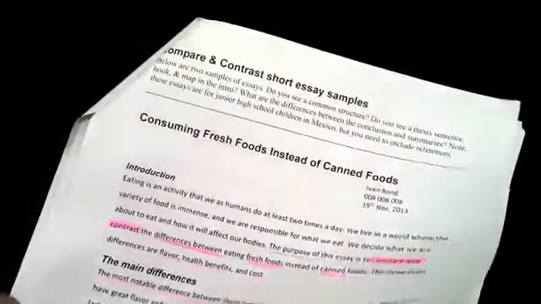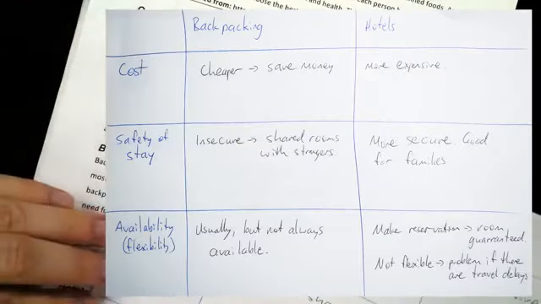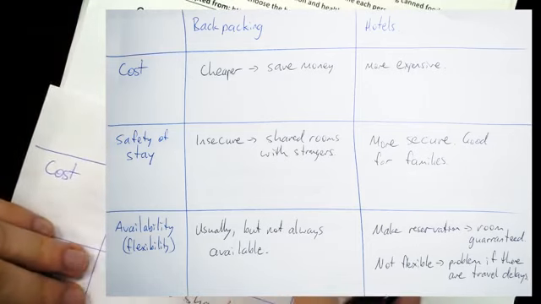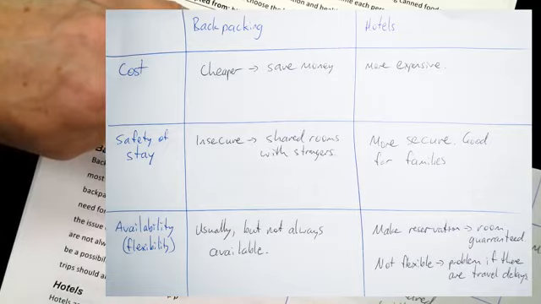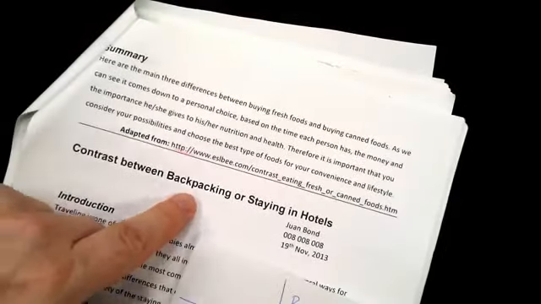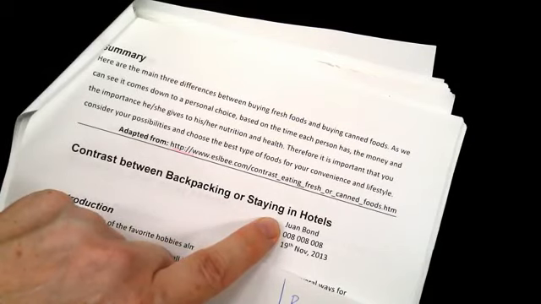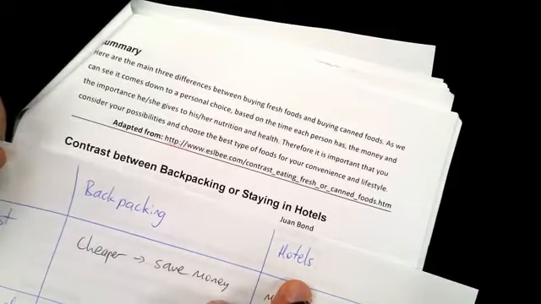Now the other type is a block essay. Block essay, the table looks the same, 2 things, and 3 points for them. This one is backpacking and staying in hotels.